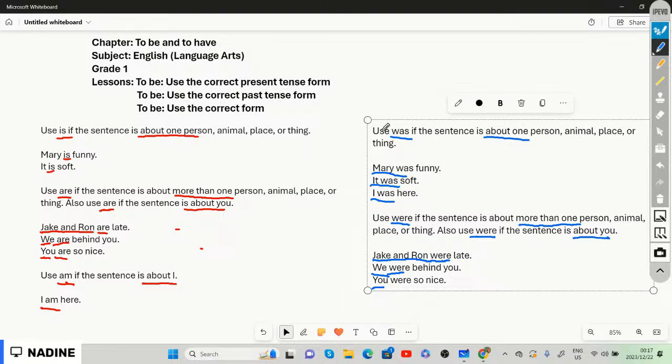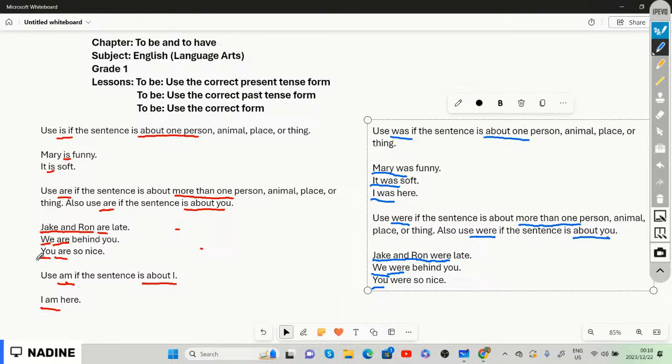All right, so basically these two pieces of information. We specifically made mention that we use the present tense form. We use is to refer to one specific person, animal, place, or thing, we use are in the present tense if the sentence is about more than one person, animal, place, or thing.